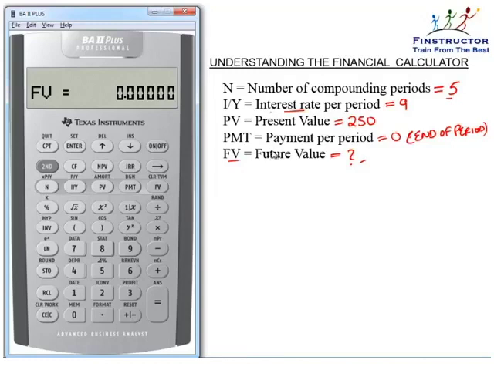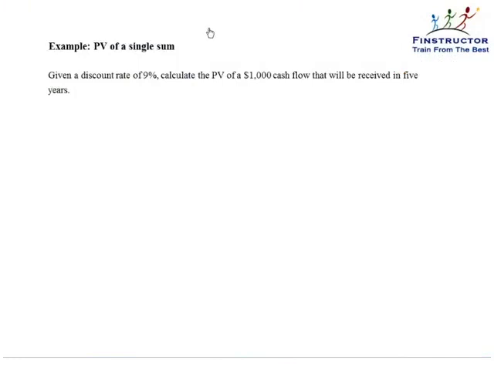So we just studied that the future value of a single sum of money is equal to present value into 1 plus r raised to power n, where n is the number of years and r is an annually compounded rate. Let's now try to calculate the present value of a single sum of money. So, given a discount rate of 9%, calculate the present value of a $1,000 cash flow that will be received 5 years later.